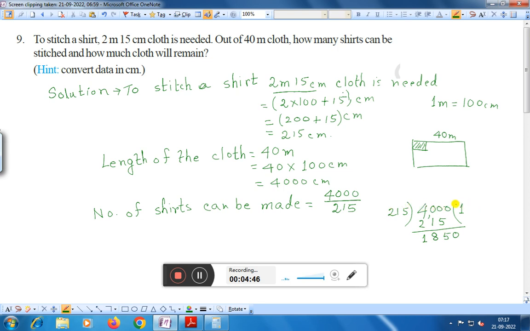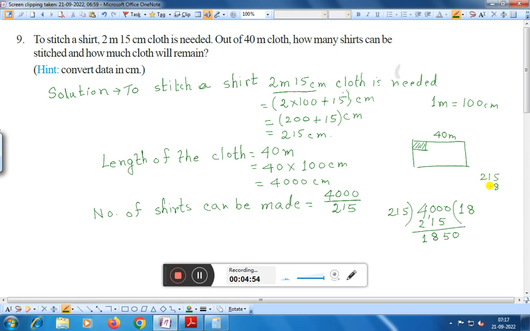If you multiply this 215 with 8, what are we getting? 215 multiplied with 8: 8 times 5 is 40, 4, 0; 8 times 1 is 8, plus 4 is 12; 8 times 2 is 16 plus 1, 17.